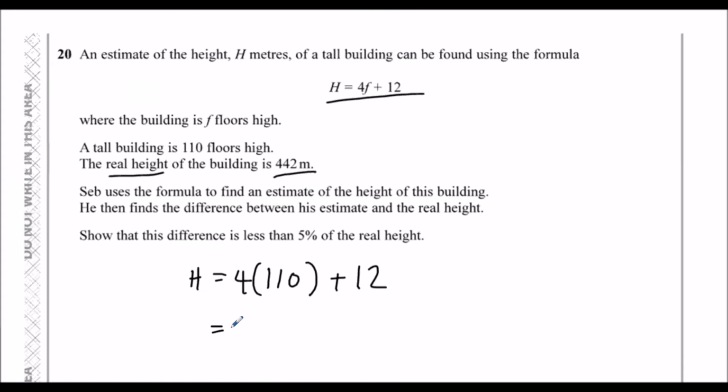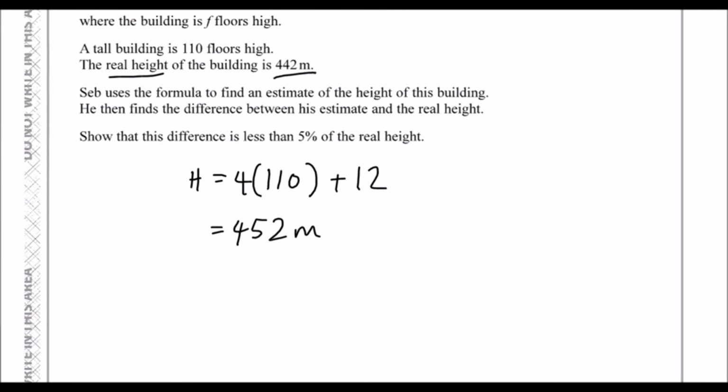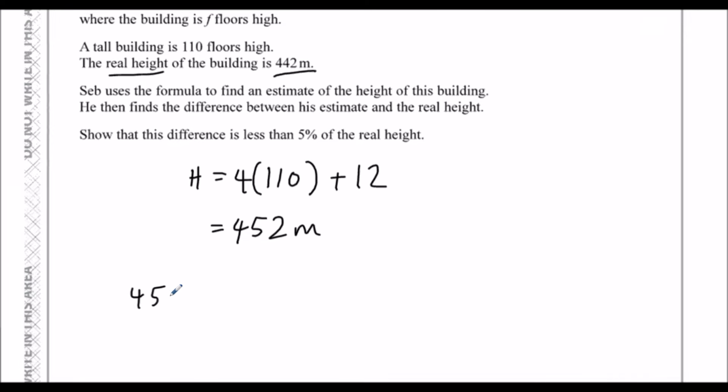So the estimate is 452 meters. So then we're finding the difference between the estimate and the real height. So 452 take away 442 is 10 meters. So that's the difference.